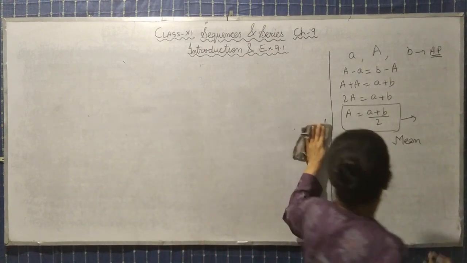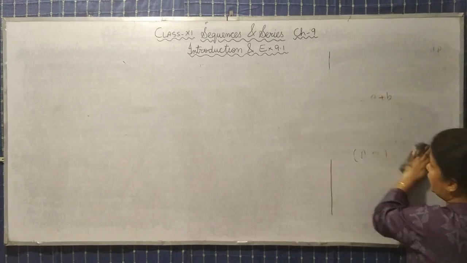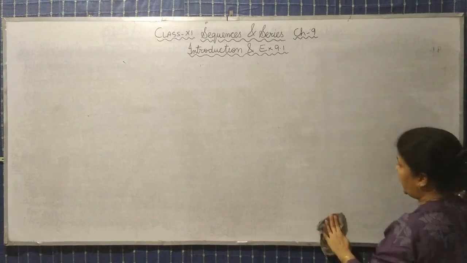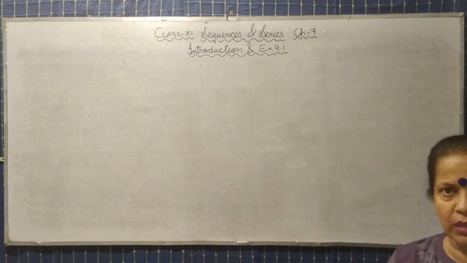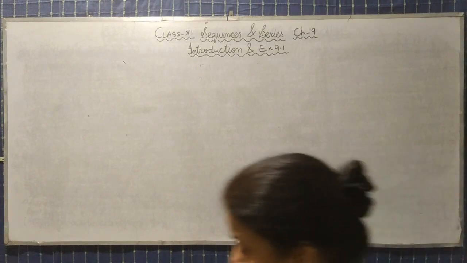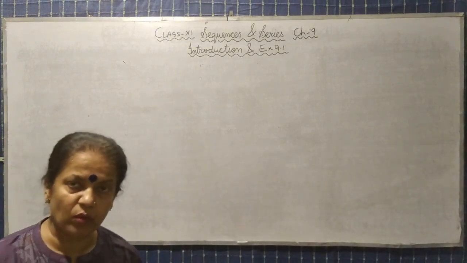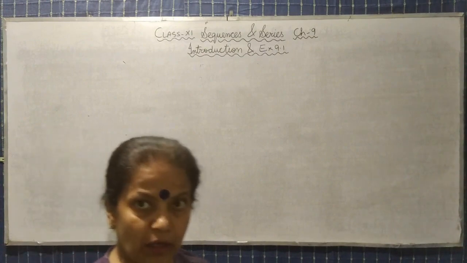And then we took the concept of arithmetic mean. The arithmetic mean between 2 terms is whatever the inserted term is, that equals a plus b upon 2. That is the arithmetic mean.